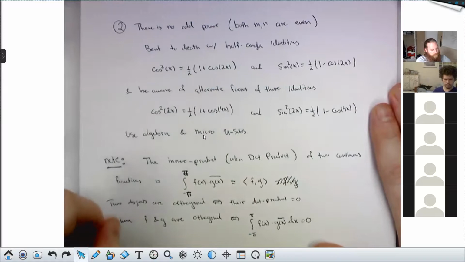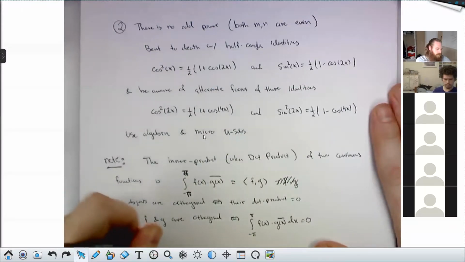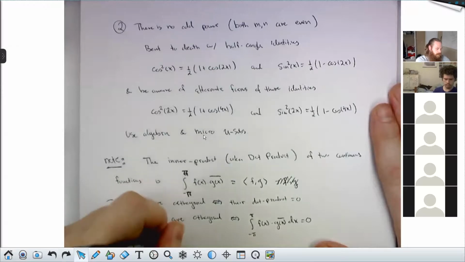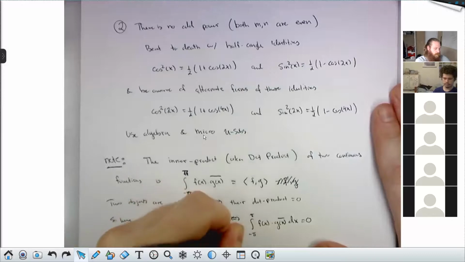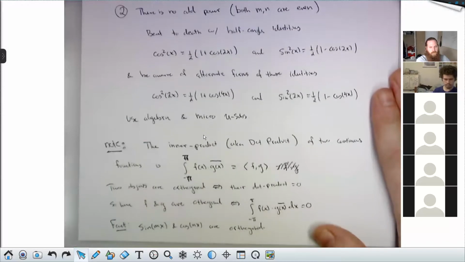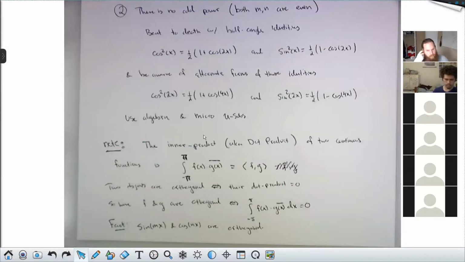And a neat fact, sin(mx) and cos(nx) are orthogonal. So this is just a little bit of something fun for those of you who are taking physics and are learning something about vectors right now.